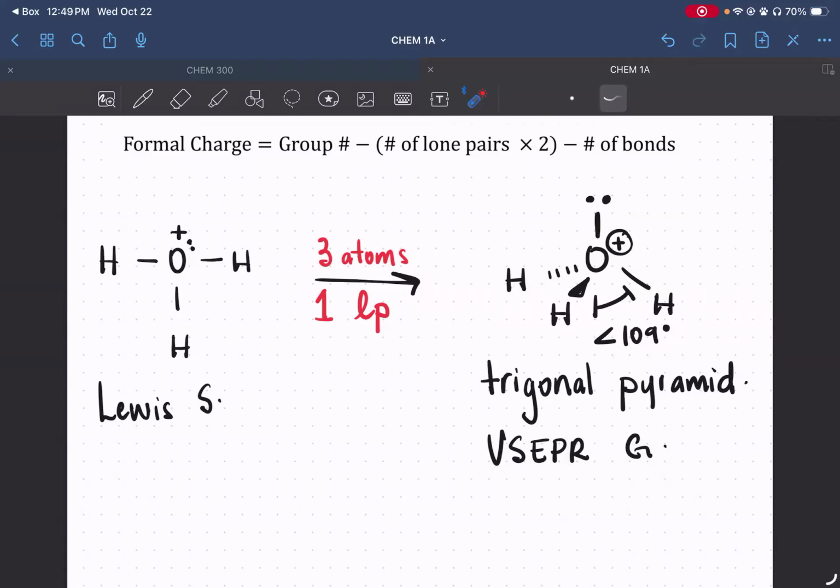I don't care what happens because I want to be on the top bunk. And that's where the angles come from. In an ideal world, everyone gets their own space, shared equally, but this has lone pairs, and the lone pairs reign supreme, and they say, no, I need my personal space, and I don't care what you guys have to say. I'm pushing you out of the way.